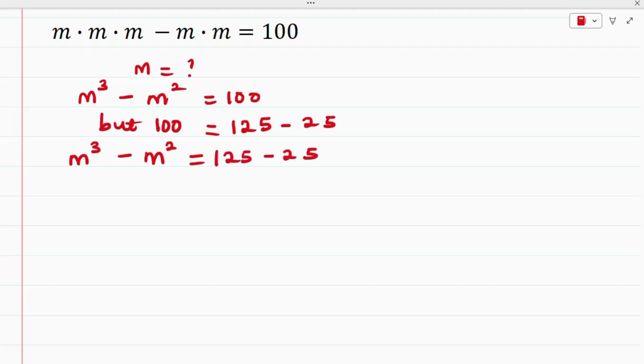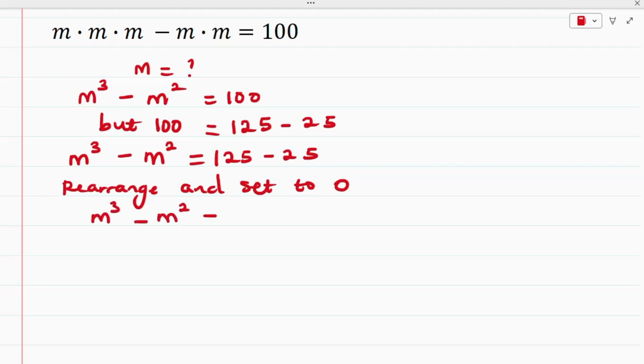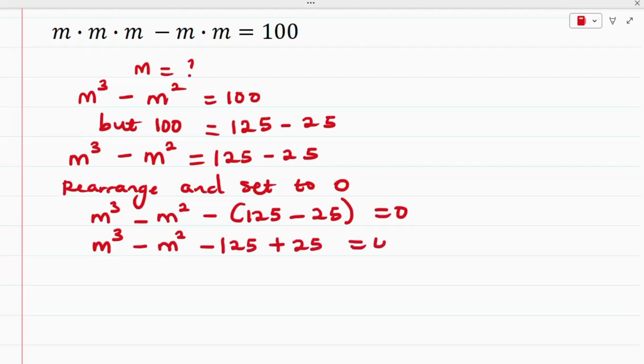Alright, so the next thing we want to do is to simply rearrange this and set the equation to 0. So doing this right here, we have m raised to the power of 3 minus m squared minus 125 minus 25, and this is equal to 0. So we have m raised to the power of 3 minus m squared minus 125 plus 25, and this is equal to 0.